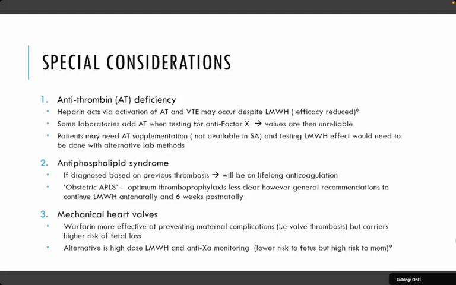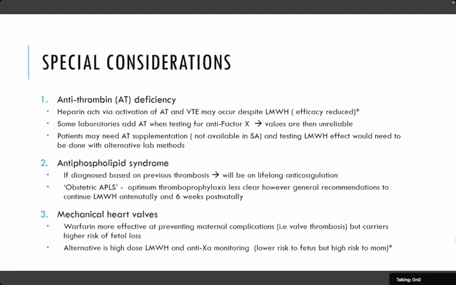So such patients may then need to be put on higher doses of prophylactic low molecular weight heparin. In addition, some laboratories add antithrombin when testing for anti-factor 10A. So it's important to note that values may then be unreliable in patients with antithrombin deficiency. And as such, patients may need antithrombin supplementation in pregnancy, which is not available in South Africa.